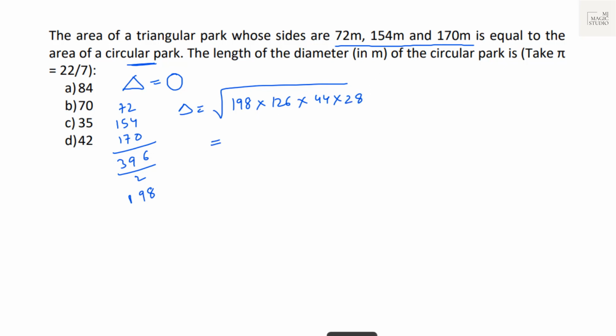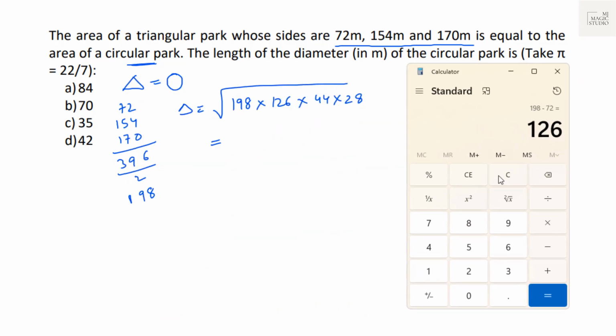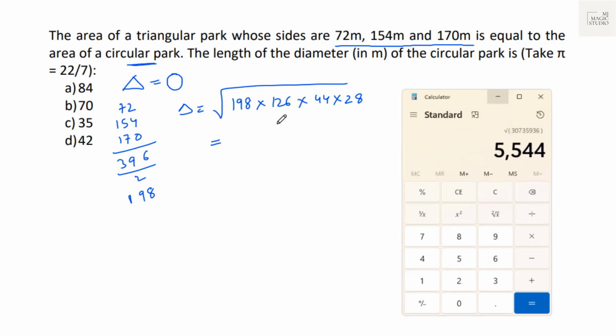We can use the on-screen calculator if required. So we have 198 into 126 into 44 into 28, and that square root will give 5544.